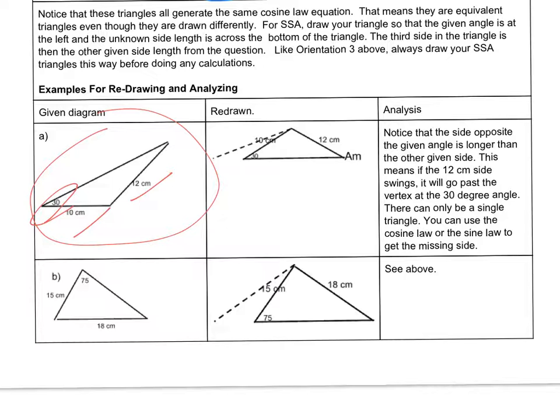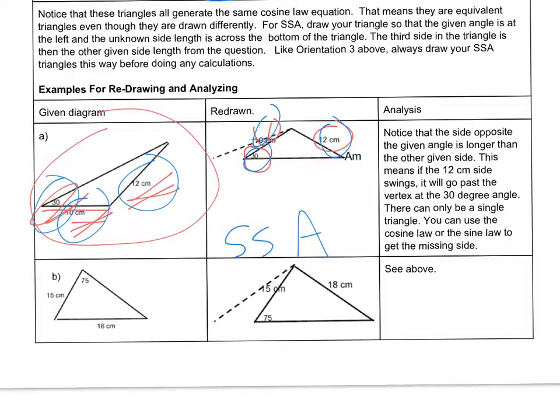What I want you to do is, bottom left, there's your opposite side, which stays the same as 12, but I want you to move that 10 to up above. It's still, again, what's your sequence? 12, 10, 30 degrees. The sequence is still there for side, side, angle.